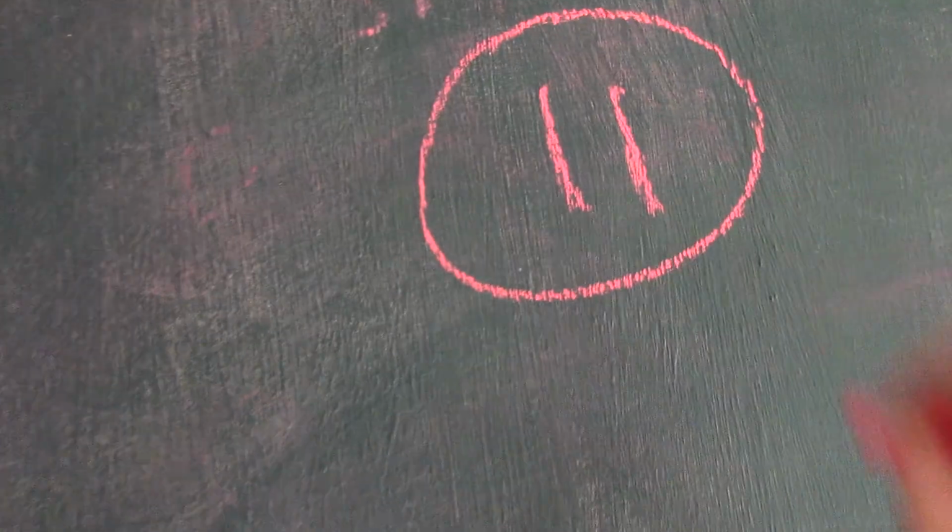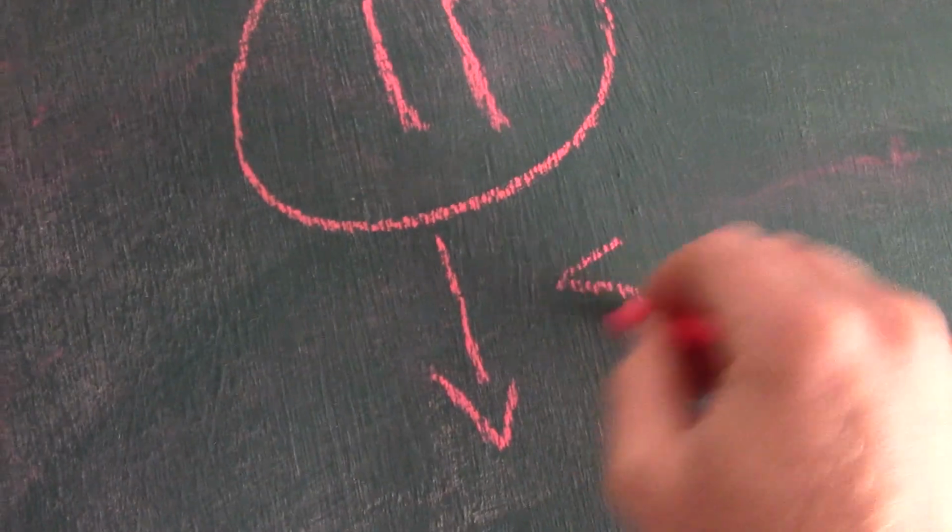Okay, so I just cleaned my board off. If we look at mitosis and just how mitosis proceeds, remember that you have a diploid cell, and then S phase happens.